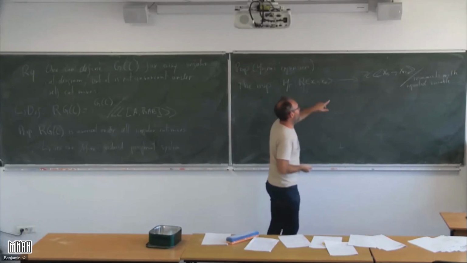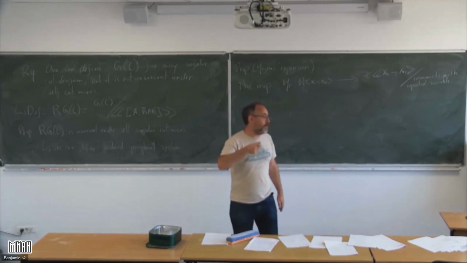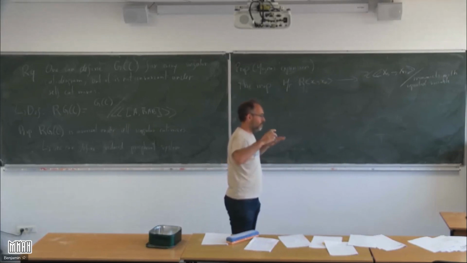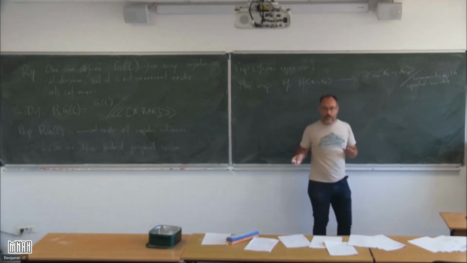It means that every time you have a monomial where, let's say, x1 appears several times, then it is sent to 0. So you only have monomials with distinct elements.